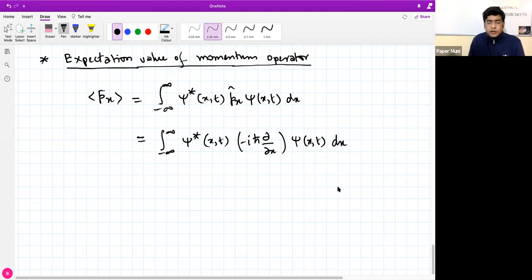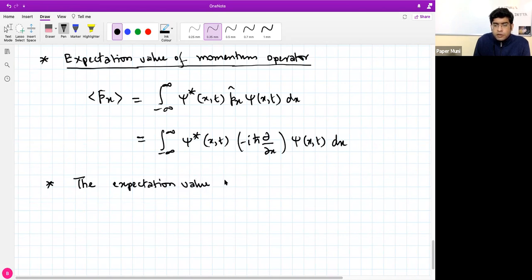All right, now the expectation value of an operator A cap is simply its eigenvalue.